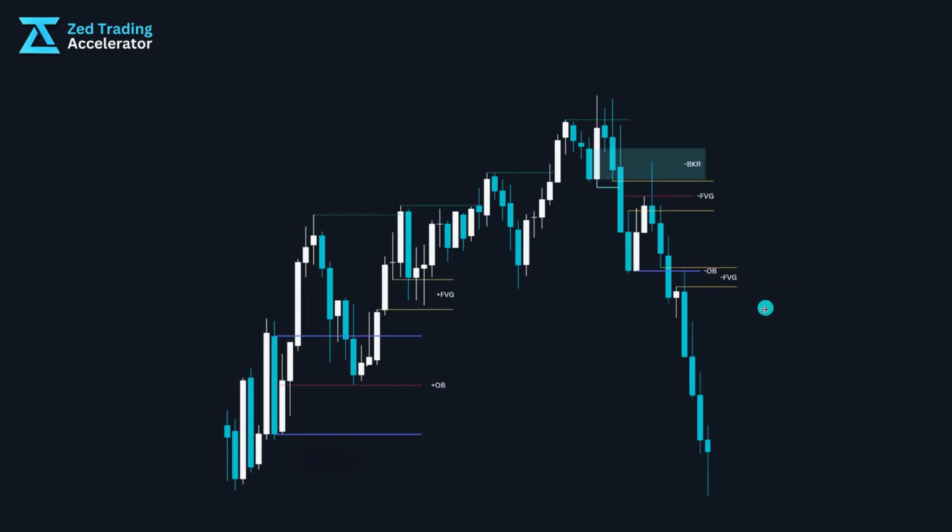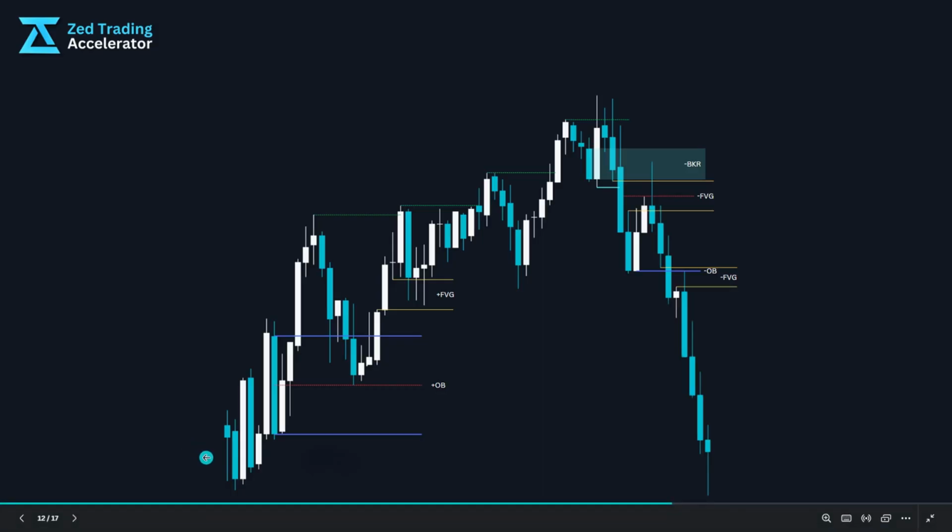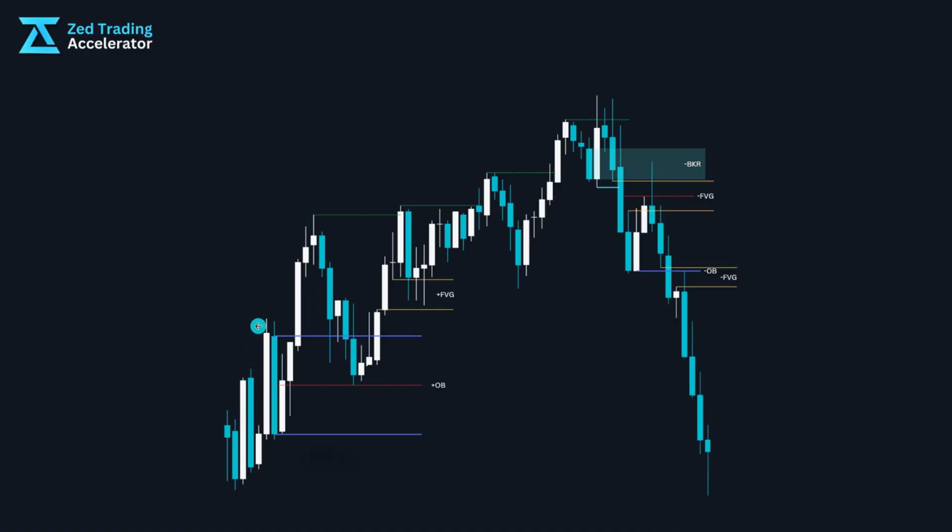So as we can see right here, we are overall bullish in this price action. So let's see how the price reacts into those PD arrays. As we can see right here, price is initially bullish.